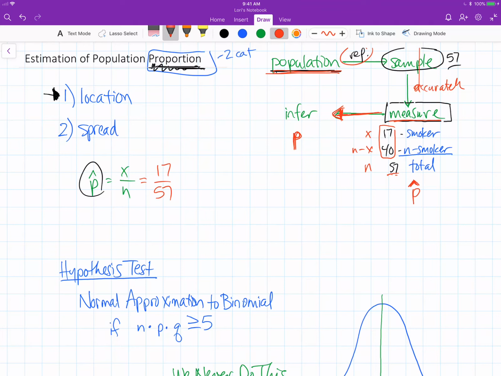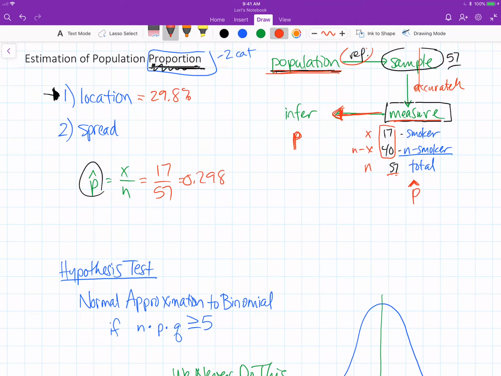In terms of the location, p-hat for being a smoker is equal to 17 over 57, which is equal to 0.298, and that's rounded. So 29.8% of our sample were smokers when we asked them that question.